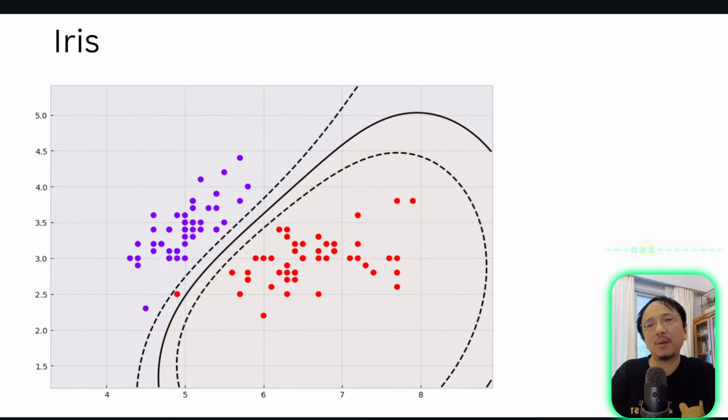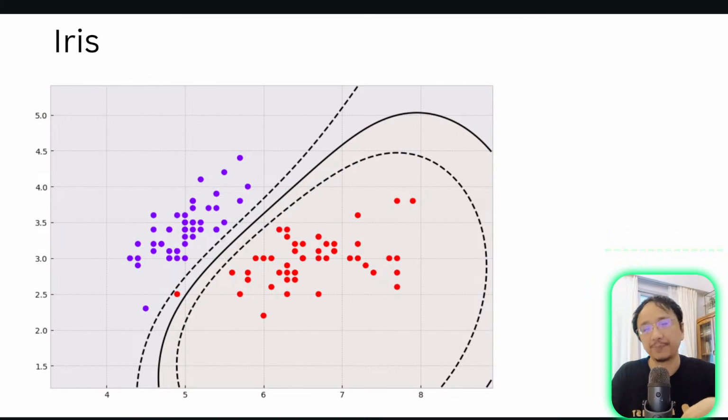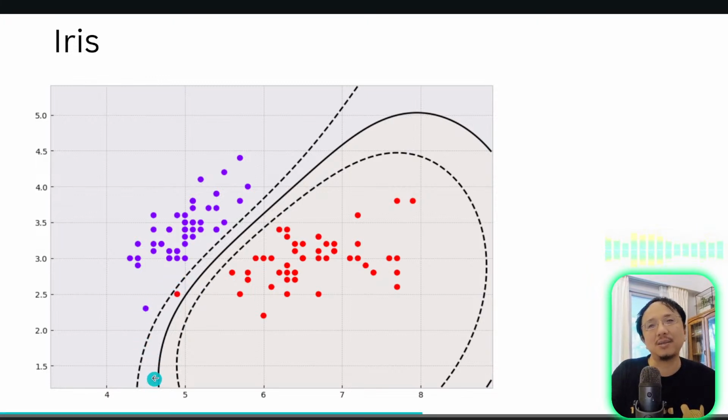In the iris dataset we have 3 different classes, we're picking 2 of them, and it has 4 features. We pick 2 of the 4 features. So you can see one thing is it is not strict, it is soft. We use soft margin. And another thing you can observe is that it has a nonlinear boundary.